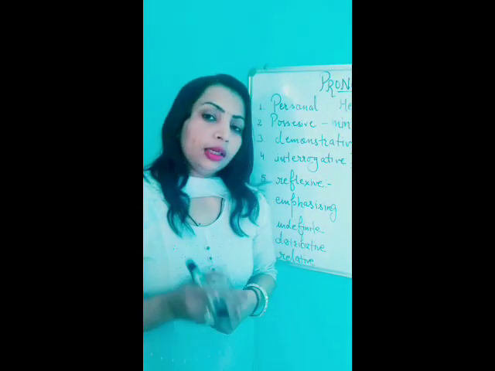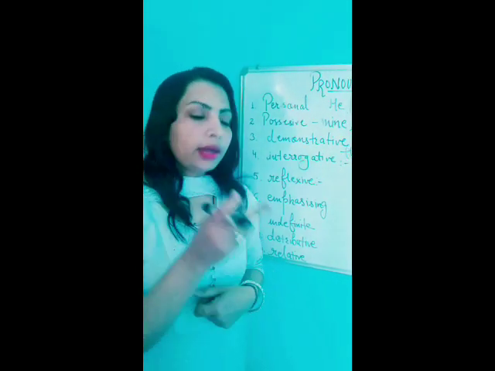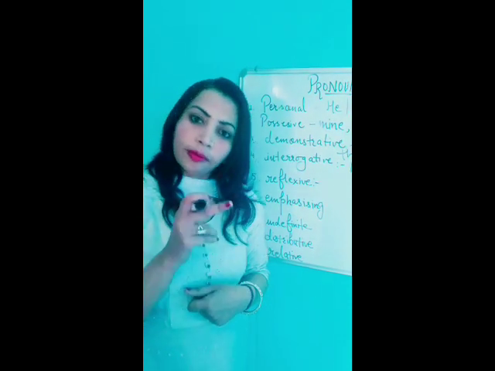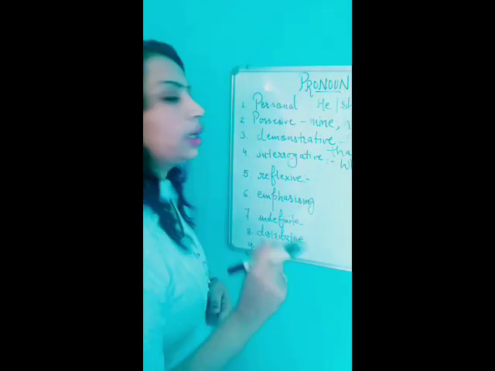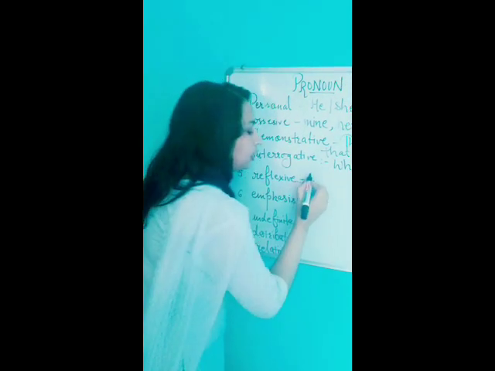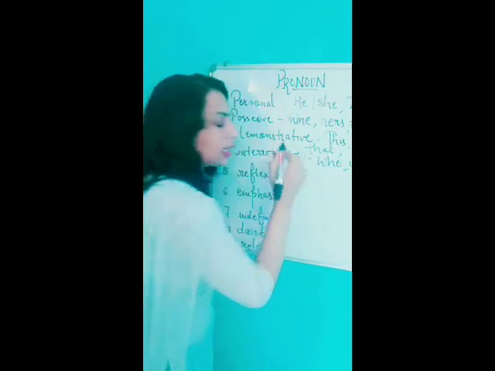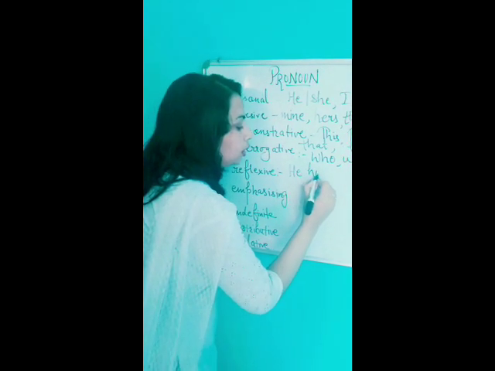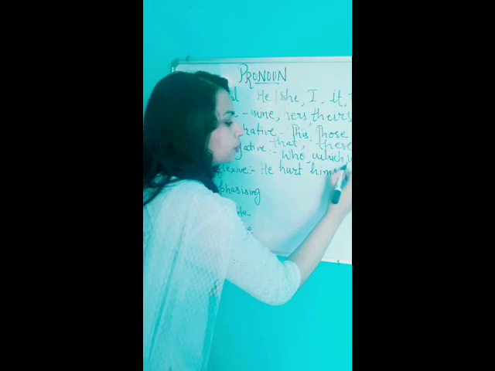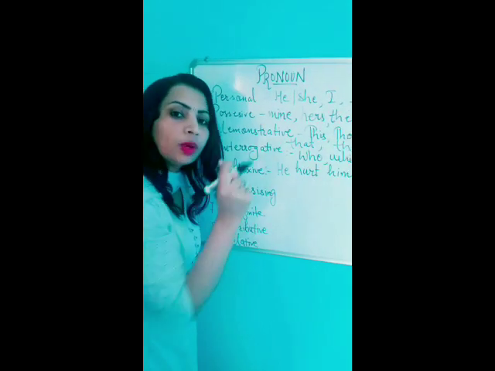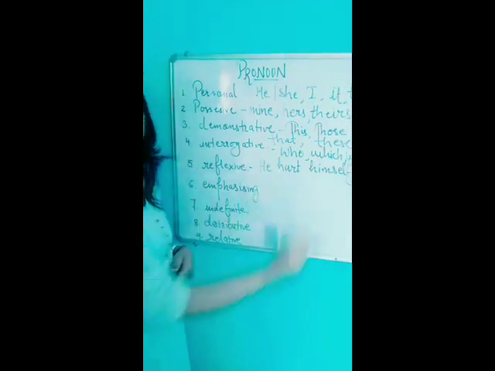Now, in reflexive pronouns, the action of the subject reflects on the subject itself. How? This I am telling you through a sentence only. Like, a sentence is here, he hurt himself. So which one is the reflexive pronoun here? Himself.